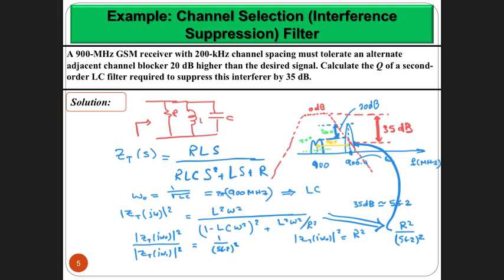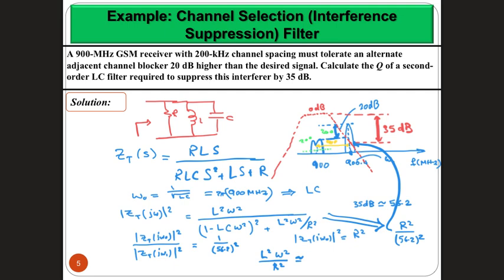Now if this is the case, I can actually work out the equations that we see in front of us, such that I can get L squared multiplied by omega squared divided by R squared equal to some number.